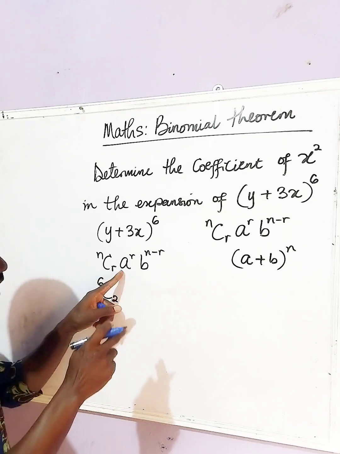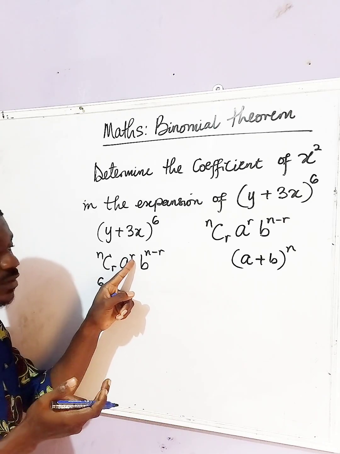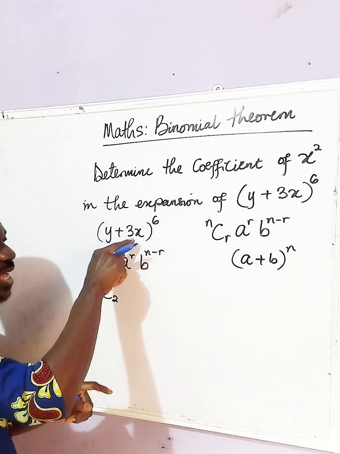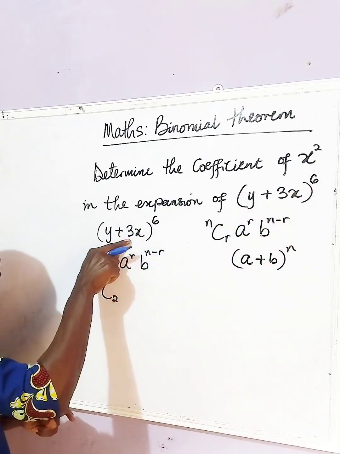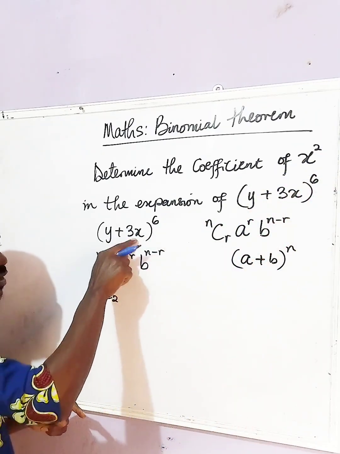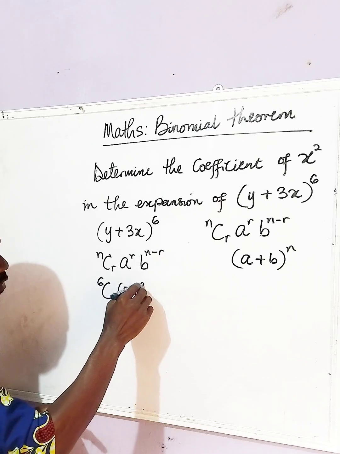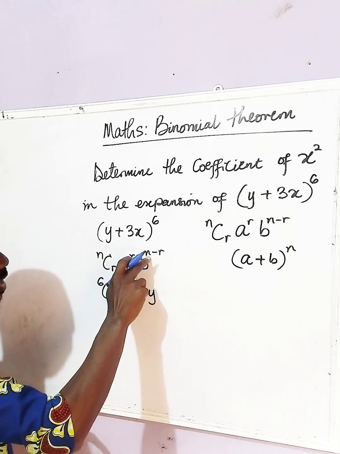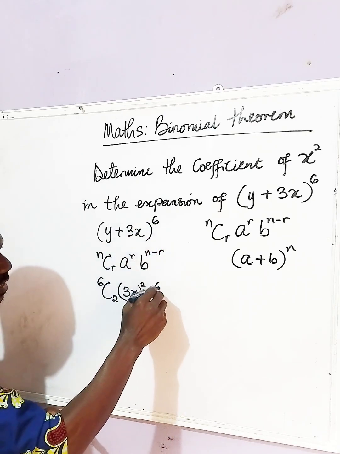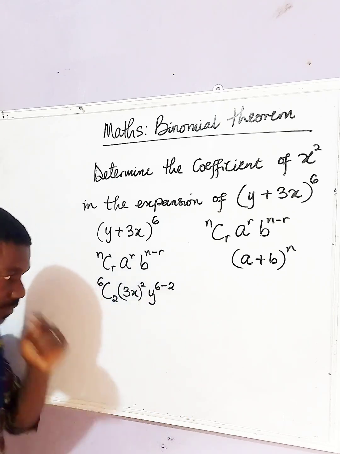Then our a, because it's having a degree of r, which is supposed to be 2, which means our x is meant to be in the degree of 2. So our a will be 3x all raised to the power of 2. Then our b will be our y, raised to the power of n, which is 6, minus r, which is 2.